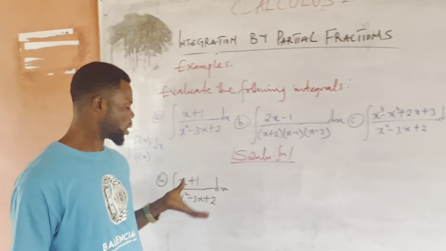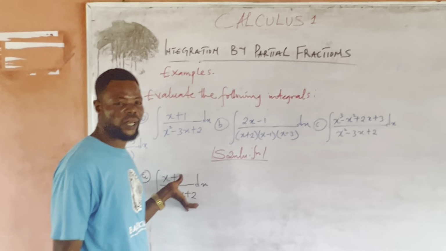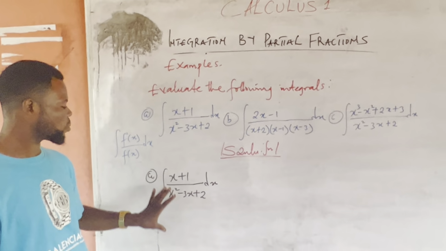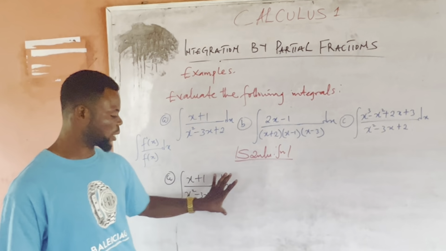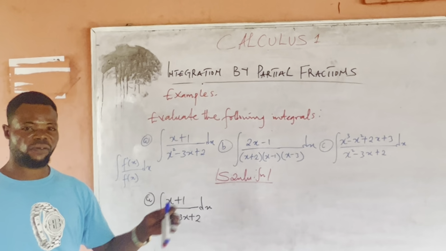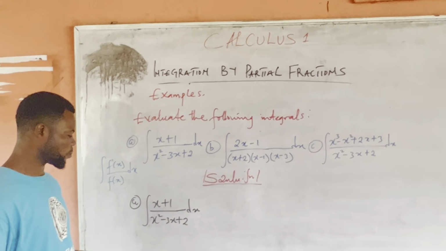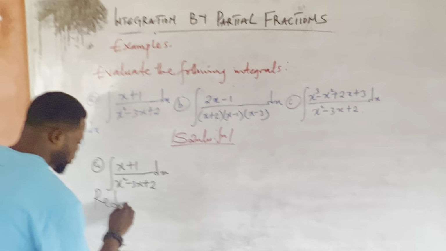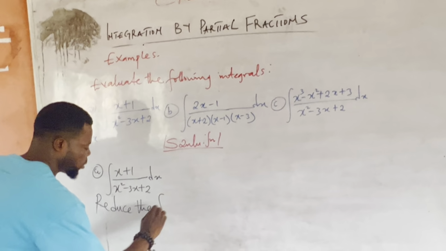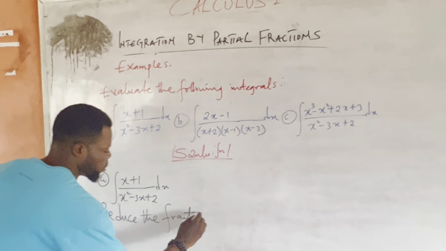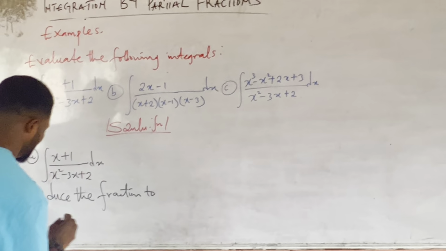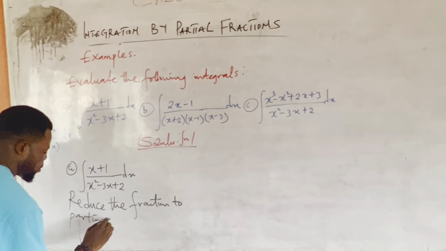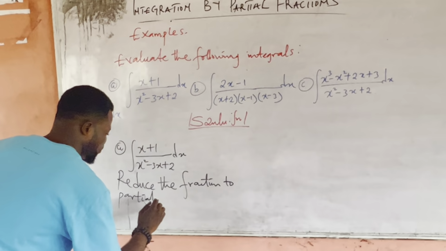Then, this is a special type of partial fraction. What we are going to do is apply partial fractions to split this function into different fractions. Then we now integrate. So we can say reduce the fraction to partial fractions.